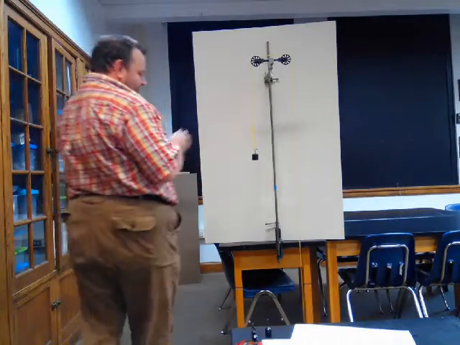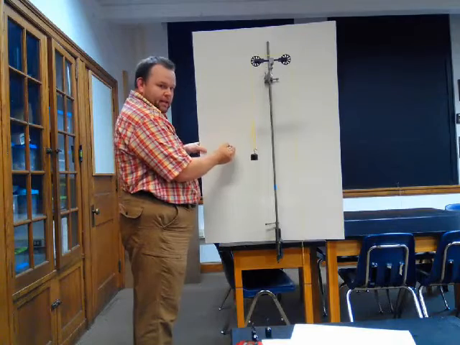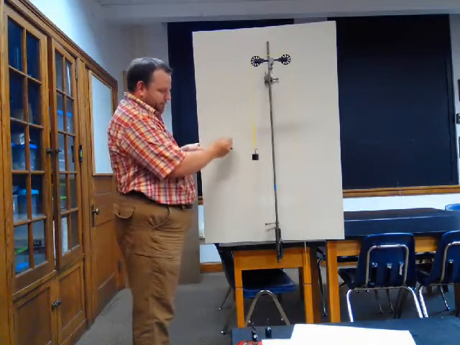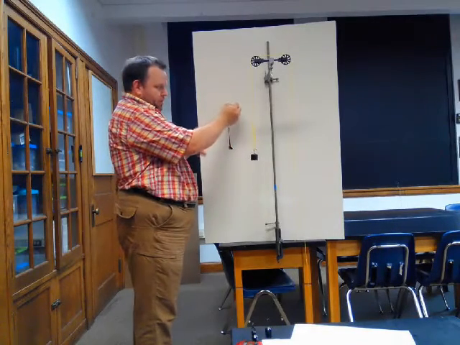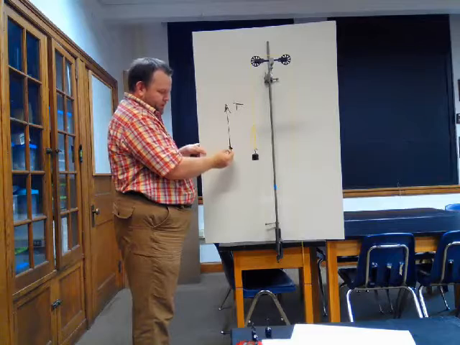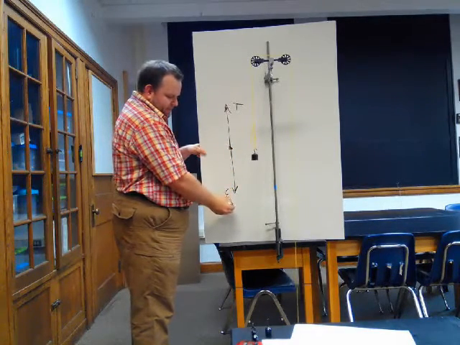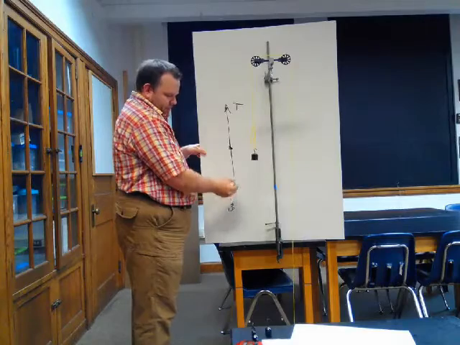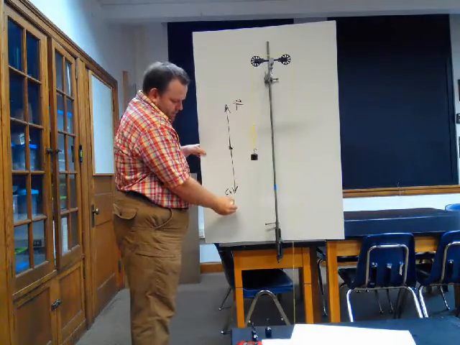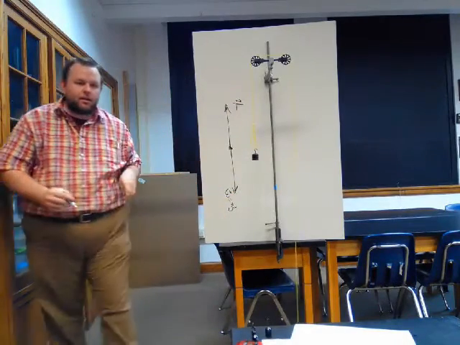So what's happening is on one weight, I have a tension upwards and a weight downwards. And the weight is mass times g. So g is a vector. So we have that written in.